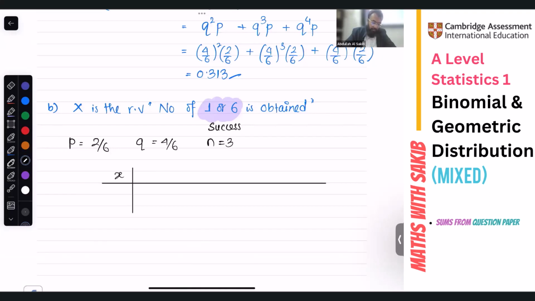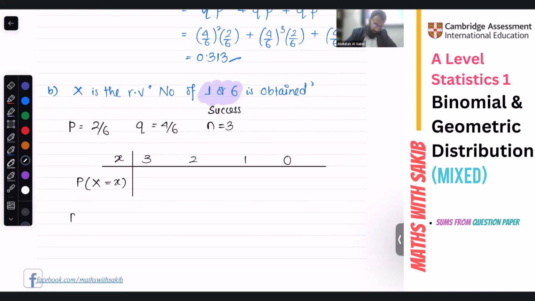So now we need to draw a probability distribution table. X will be either 3, 2, 1, or 0. Then we'll get either 3 successes, or 2, or 1, or no success. Clear? So what will be the probability of X equal to 3?